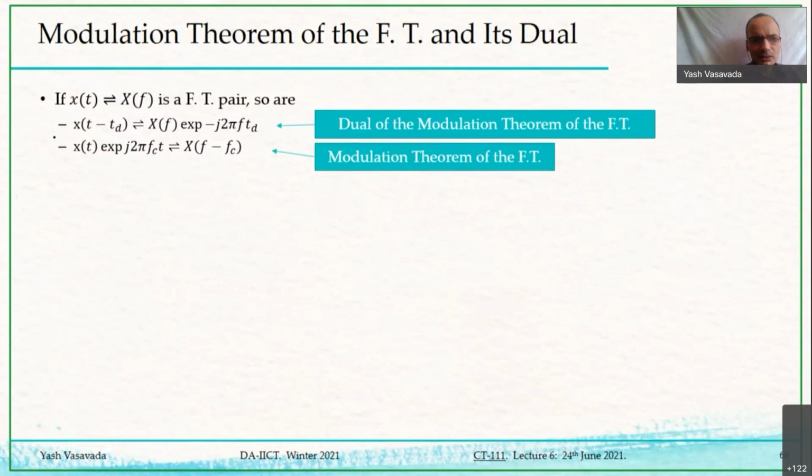Sorry, what I meant to say is that we have already seen this modulation theorem: if you have a time domain signal x(t), and you multiply it by a complex exponential at frequency f_c, the Fourier transform gets shifted to the right by f_c.